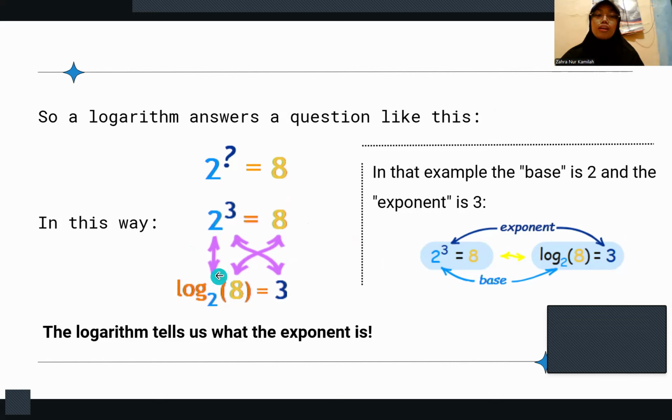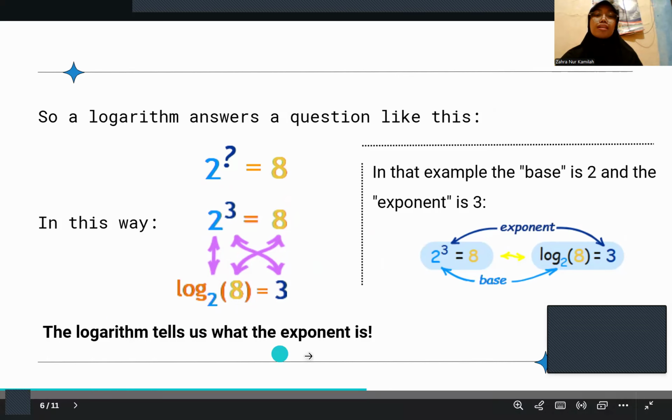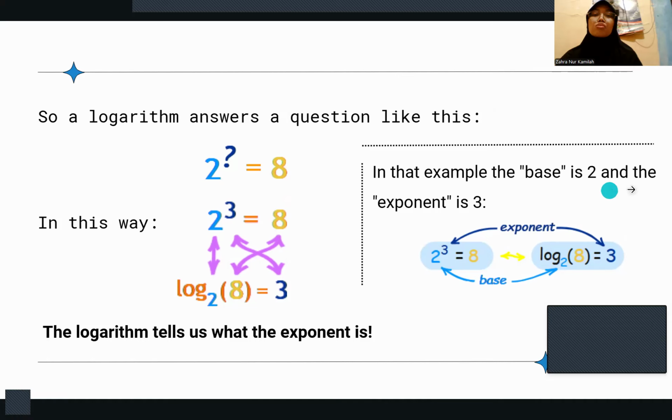And this logarithm is log base 2 of 8. 2 is the base, 3 is the exponent, and 8 is what we want to get. We want the logarithm to tell us what the exponent is. In the example, the base is 2 and the exponent is 3.